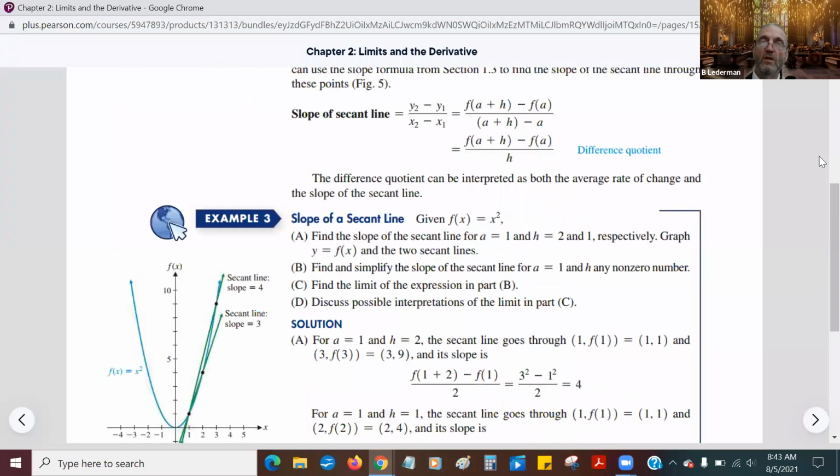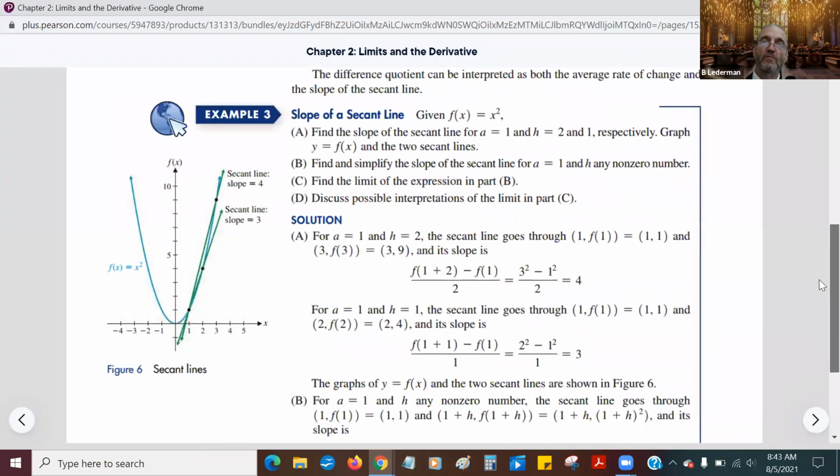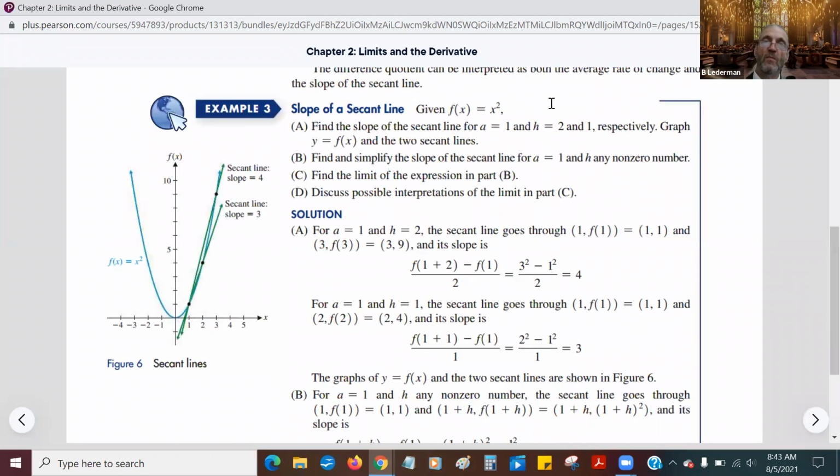Oops, I went too far. We're over here. So for a secant line, let's say we have a parabola, y equals x squared. And here is a nice little parabola. We want to find the slope of the secant line from a equals 1 with h equals 2 and then 1, respectively.